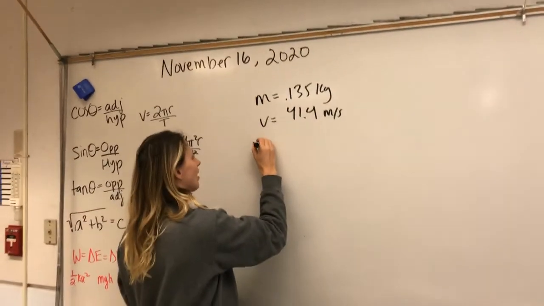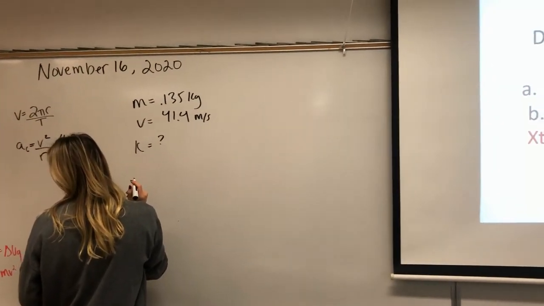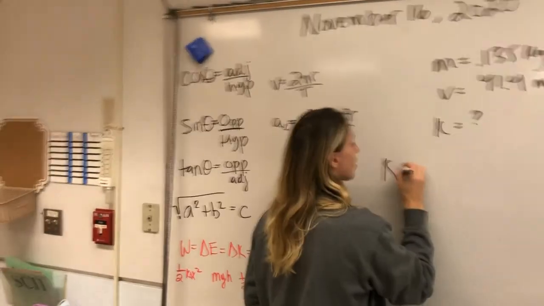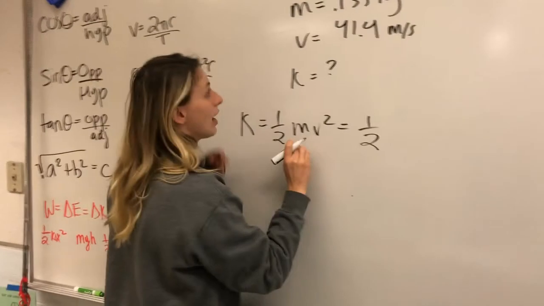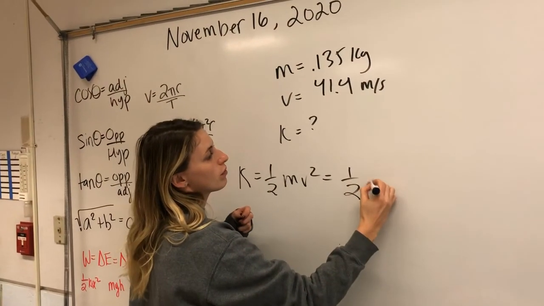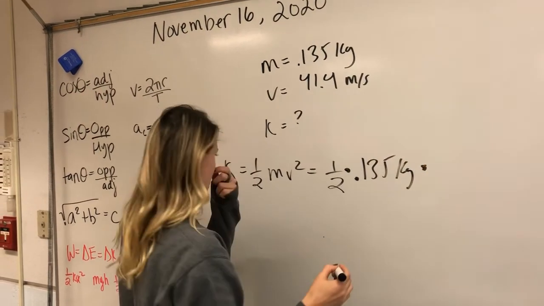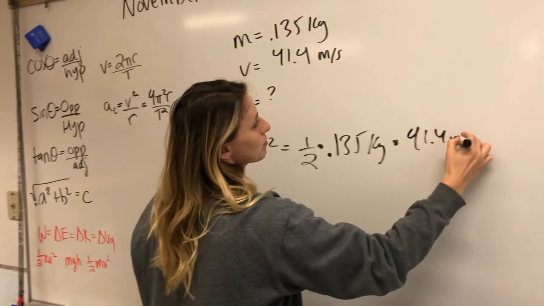Okay, so the first question is how much kinetic energy do we have? Kinetic energy is 1/2 mv squared, which means 1/2 times my mass, 0.135 kilograms, times my velocity, 41.4 meters per second.